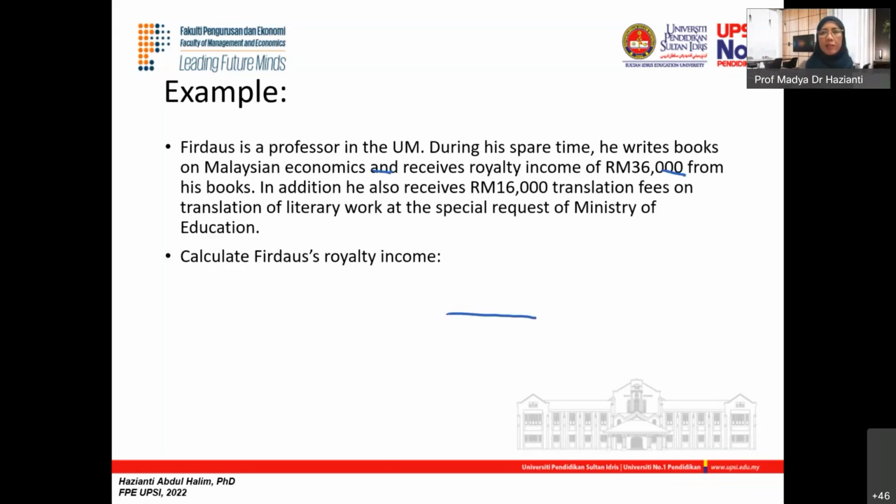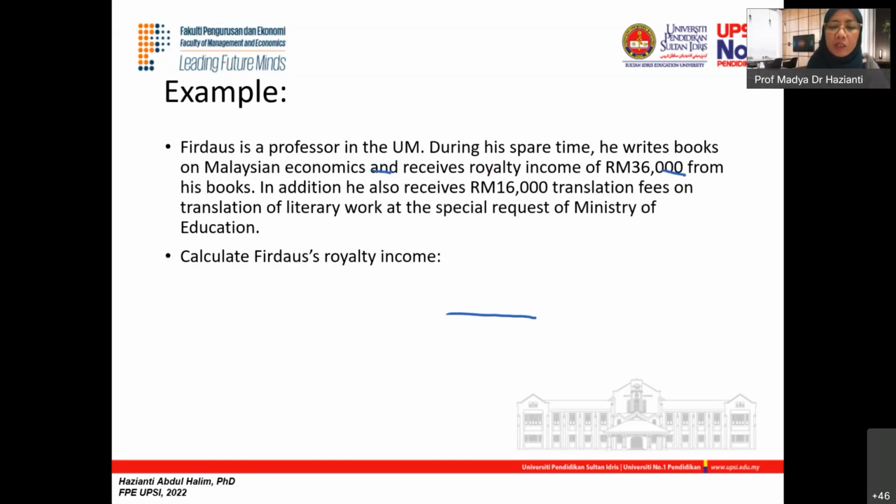During his spare time, he writes books on Malaysian economics and receives royalty income of 36,000 from his books. Okay, this is normal for a professor untuk tulis buku dapat royalty income. In addition, he also receives 16,000 translation fees on translation of literary work at the special request of Ministry of Education. Okay, so here we can see dia ada dua jenis income. Satu, dia tulis buku. Satu, dia buat translation.